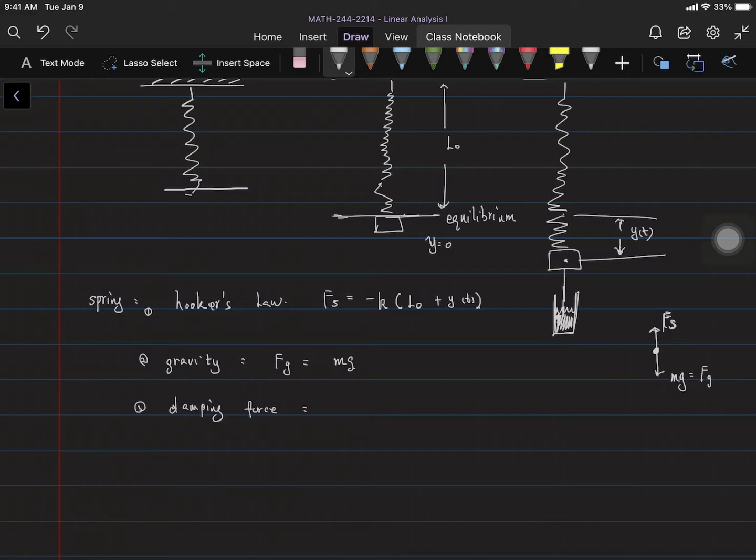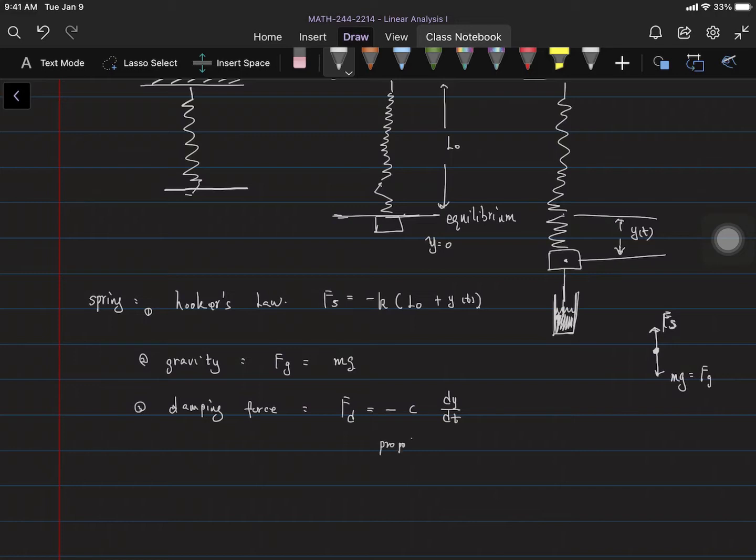For example, when we close a door, there is a damping force inside the door, because the door can close slowly thanks to it. So what's the damping force? We say FD. The damping force is proportional to the velocity, which is the position derivative, dy/dt.